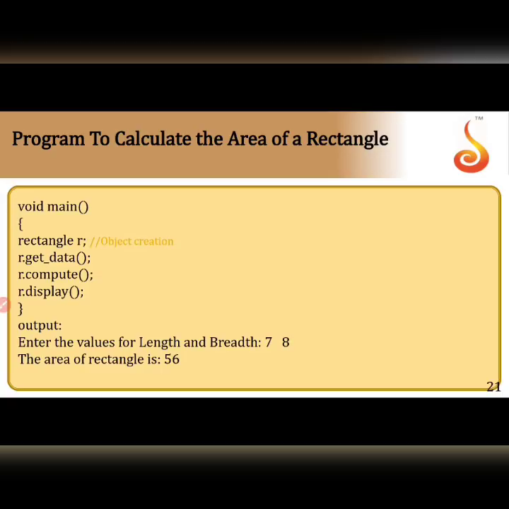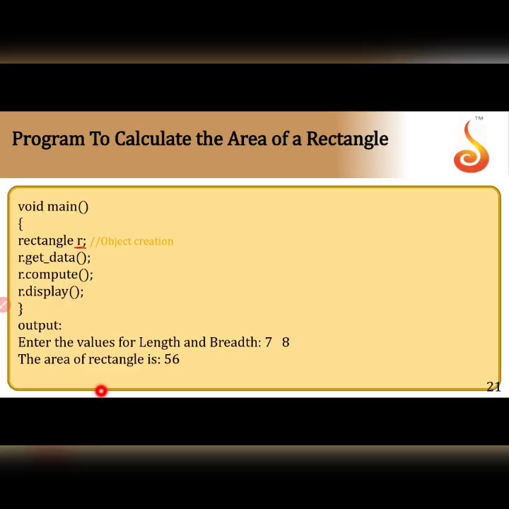Object creation is name of the class space the name of the object. So here I am naming my object as R and I am creating it. Rectangle is the name of the class space R.